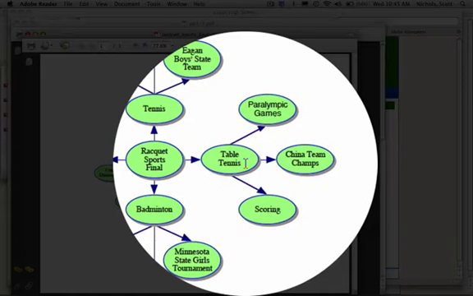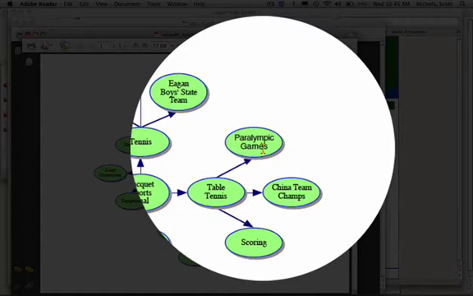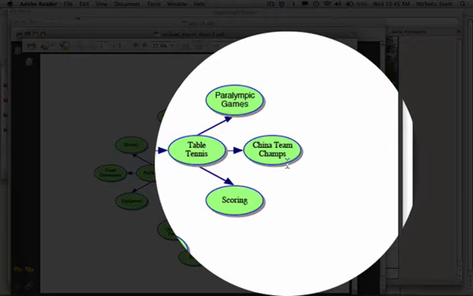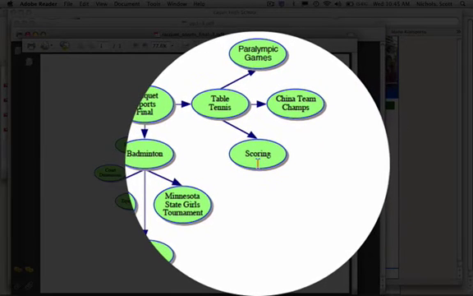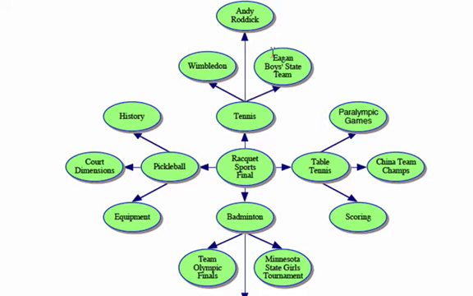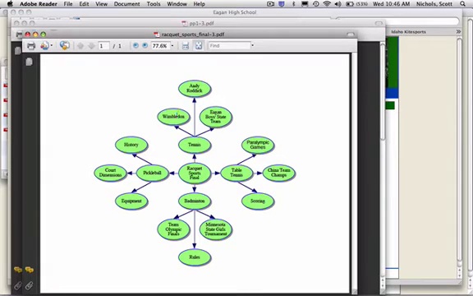For table tennis, in contrast, I talked about the Paralympic Games, the Chinese national teams that won the Olympics, and then how to do the scoring. So for each of the activities, you have to have 3 subtopics coming off of there, and those will be your 3 paragraphs within your actual PowerPoint information slide.